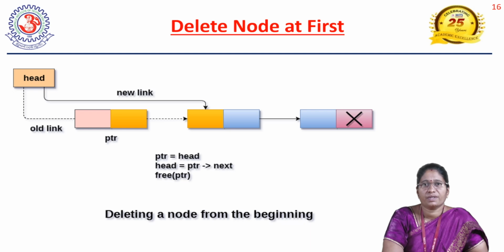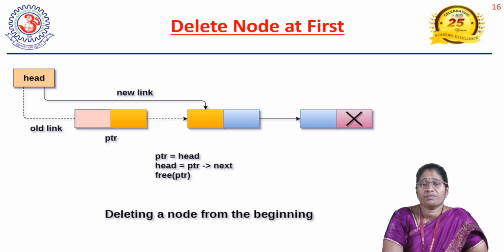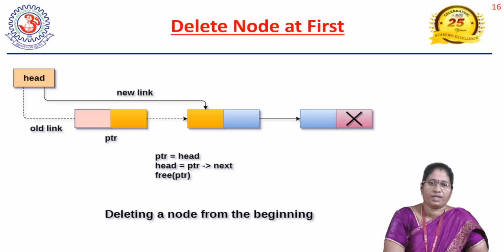So head is equal to pointer implies next. It means that previously your head was holding your first node, that we can disconnect now, that is called the old link. So you have to make a connection. Head is equal to pointer implies next, so automatically now the head is pointing to your next node. After connecting that, you have to free the node to delete it.